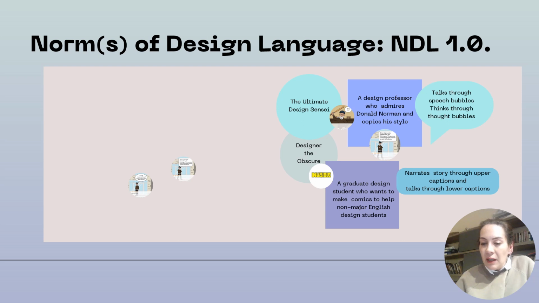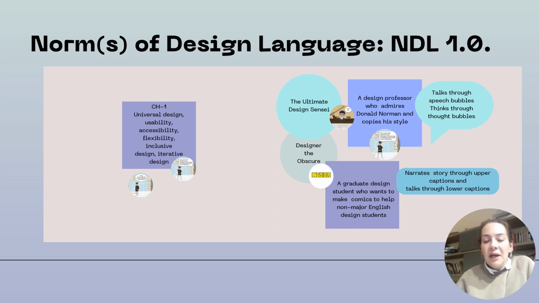In Norms of Design Language, we have 3 chapters. We designed it in 3 separate chapters. In the first chapter, we have universal design, usability, accessibility, flexibility, inclusive design, iterative design.